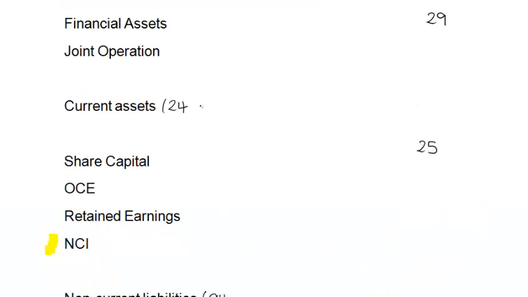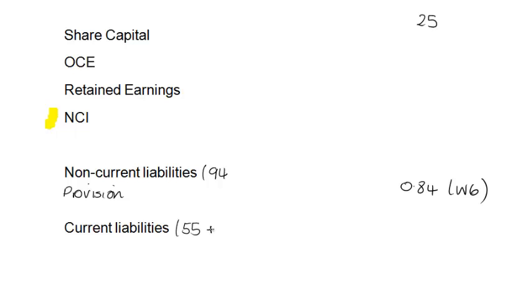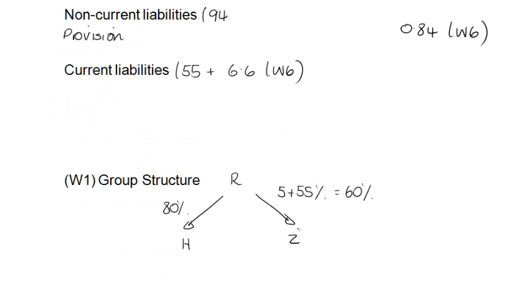So that's current assets. Payables have increased by 6.6. And profit has increased by 0.68.